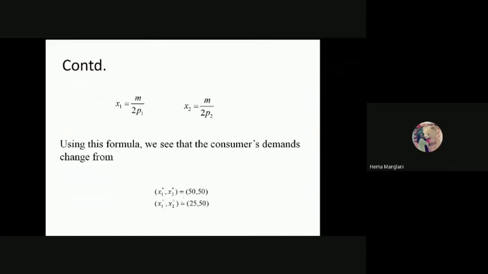Similarly, if the price vector changes, because the x1 price is now increasing to 2 while x2 stays the same, the entire vector changes, but only x1 is affected. Because of that, the 50 is now reduced to 25 because the price of x1 has increased, and the 50 on x2 would remain the same.